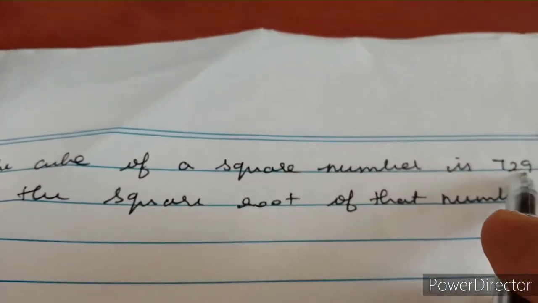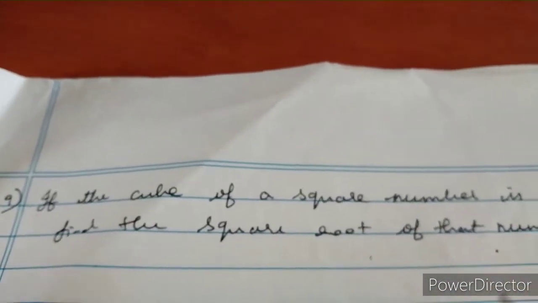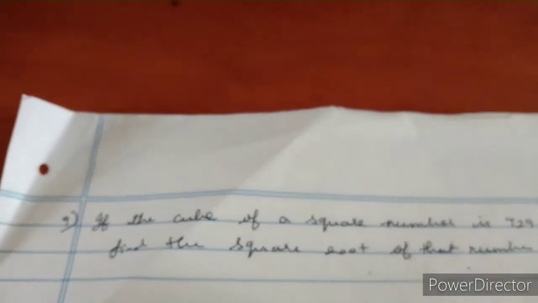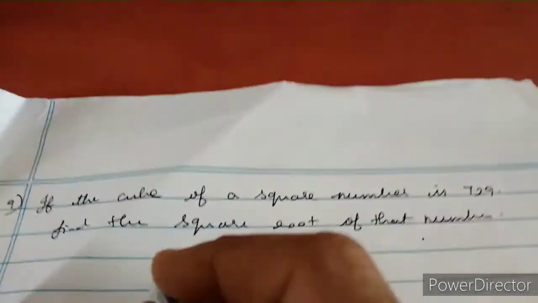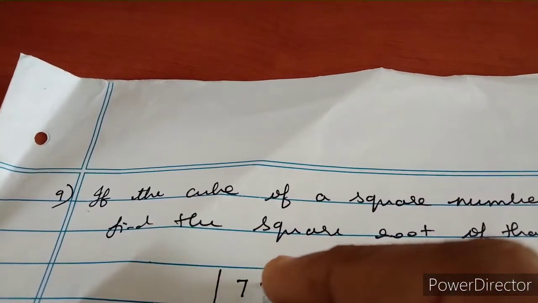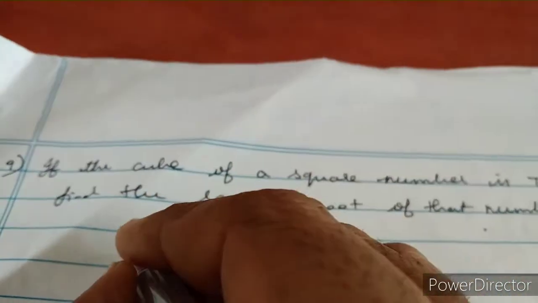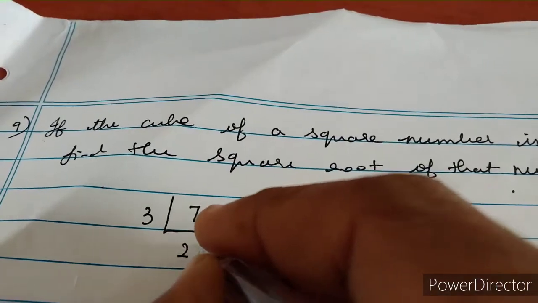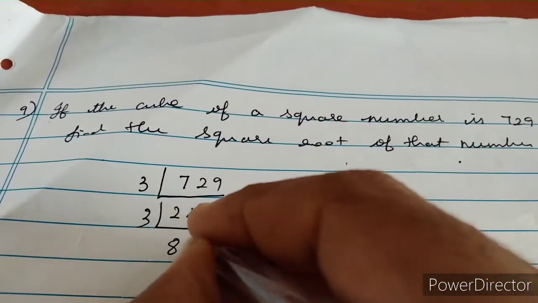Ninth question: if the cube of a square number is 729, find the square root of that number. So first you have to find the cube root of 729. Take the factors of 729, in the 3 table: 3 2s are 6, 3 4s are 12, 3 3s are 9, again with 3, 81.